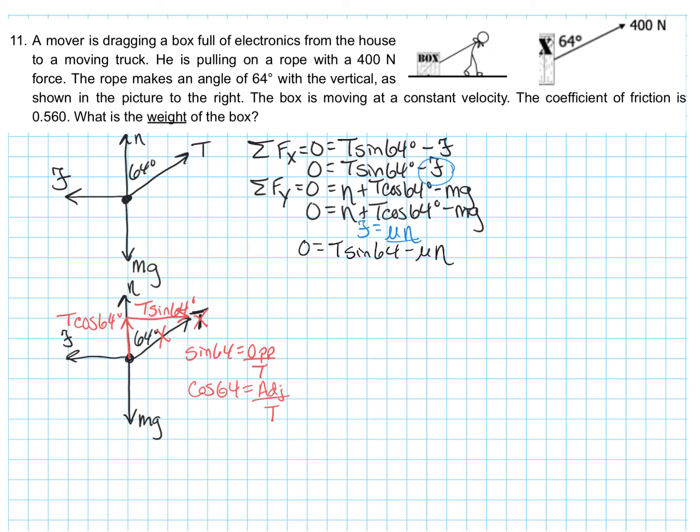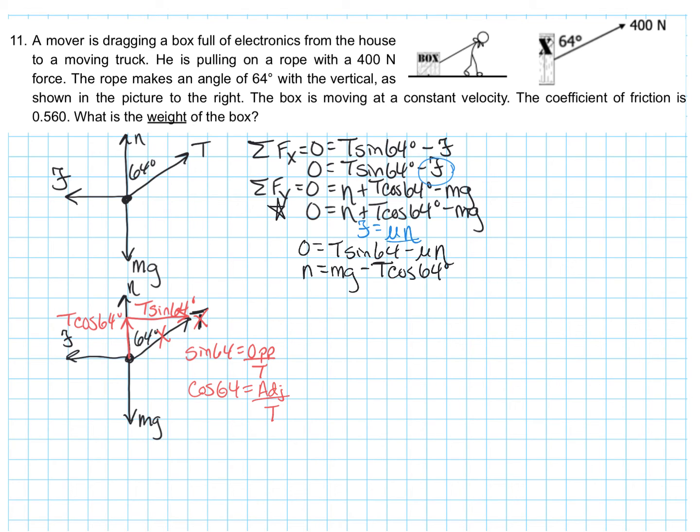To do that, I'll go to the other equation, right here, and I'm going to isolate eta. So now eta is equal to, well, I need to put mg on the other side, so negative mg, when I move to the other side, becomes positive mg. And to move the T cosine 64, I got to subtract it from both sides. So it's minus T cosine 64 degrees.